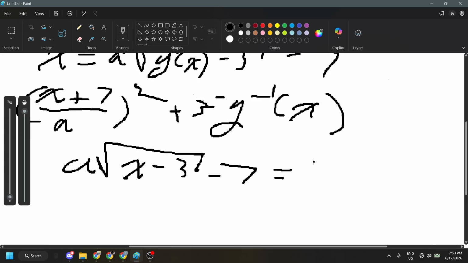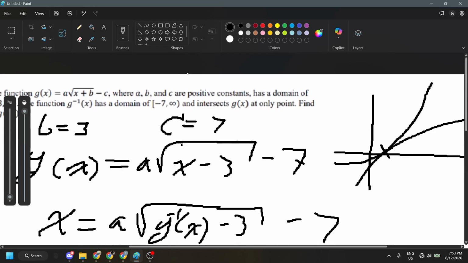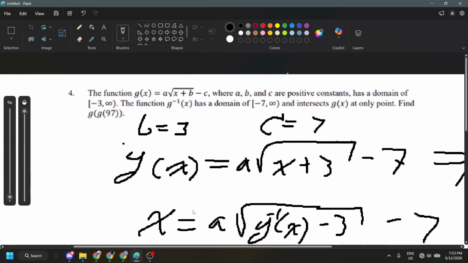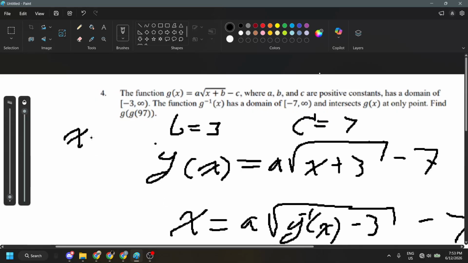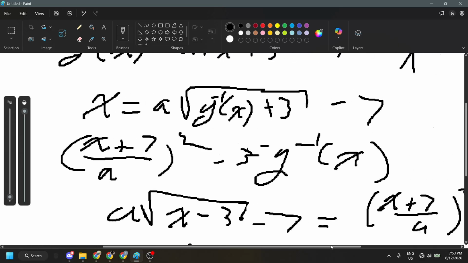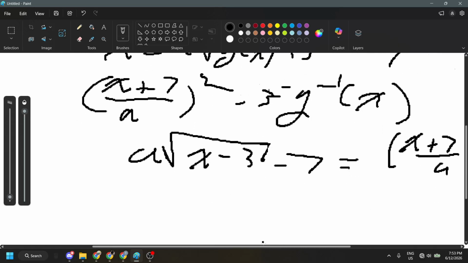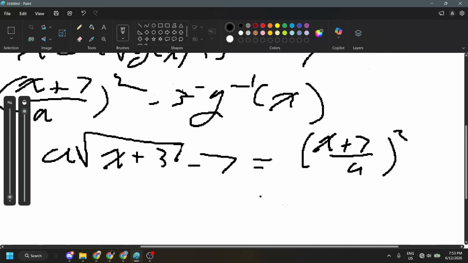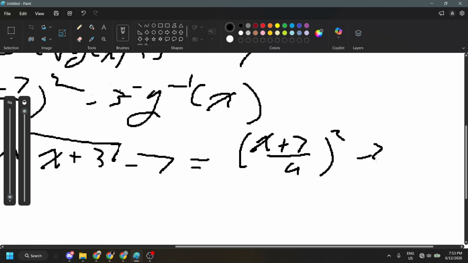I think it should be x plus 3, because we're saying x is −3, yeah, x plus 3. This is x plus 3, this is minus 3, and this is 7.